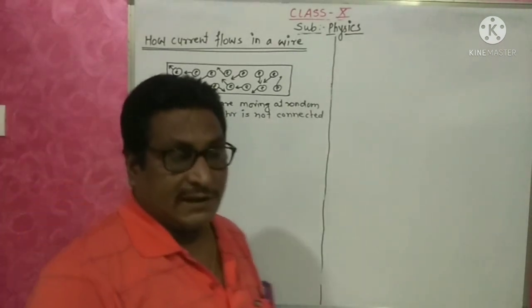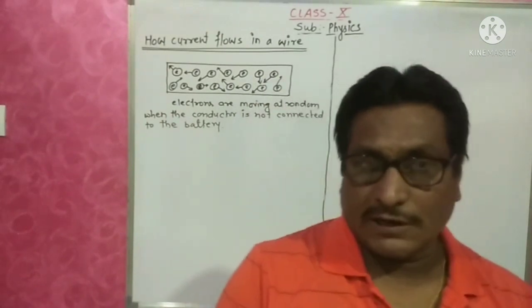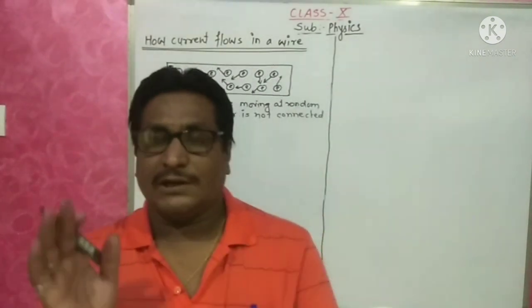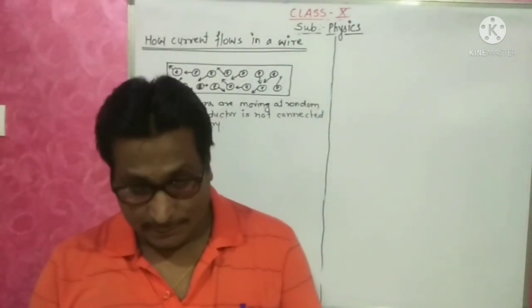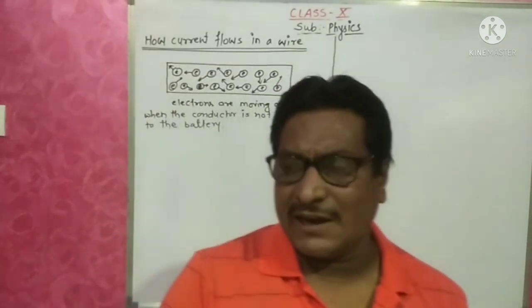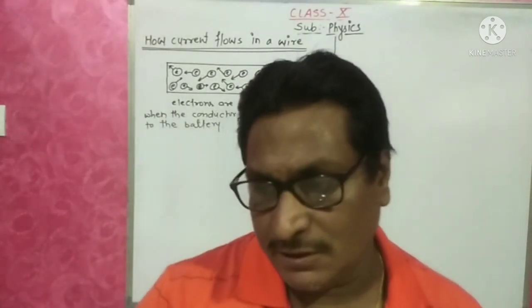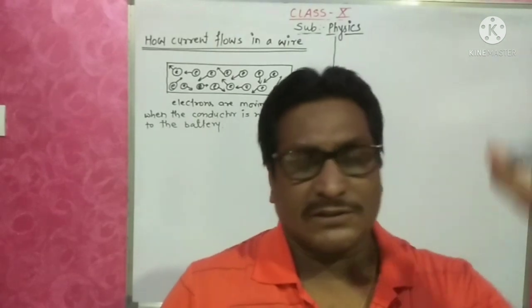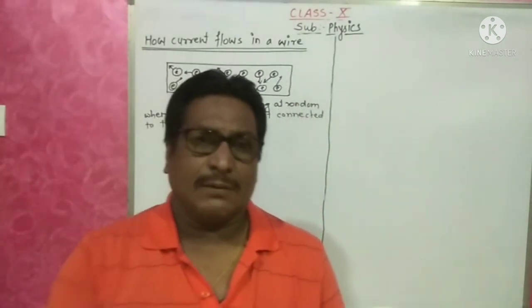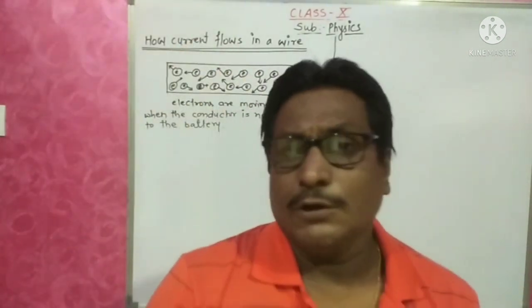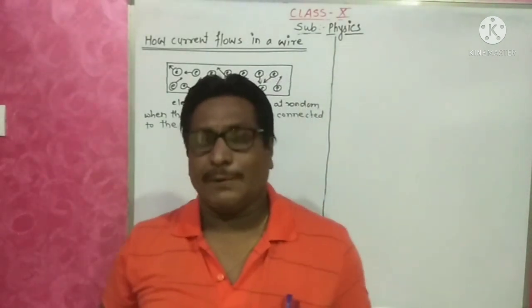Free electrons are there, and in the conductor gaps are there, so due to that, electrons move randomly. Random means here and there, their direction is not fixed. Some electrons are going front, some back, some up, some down.